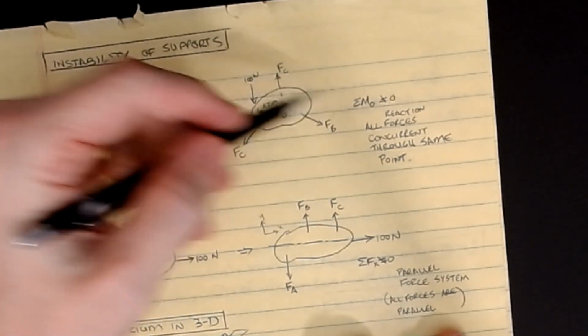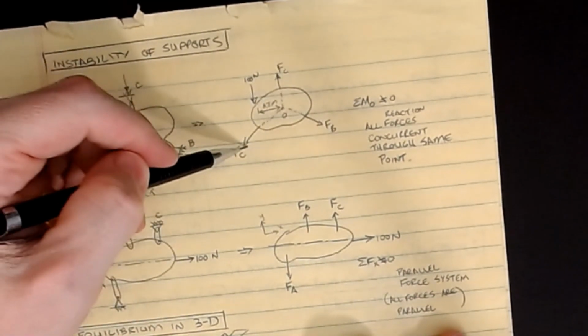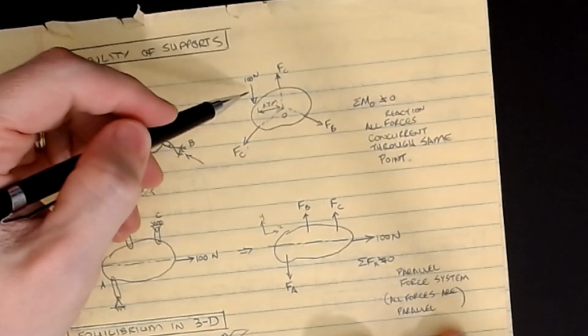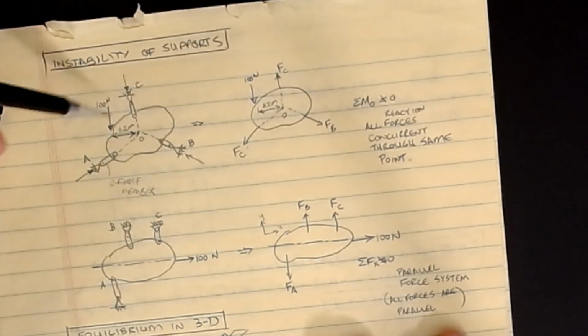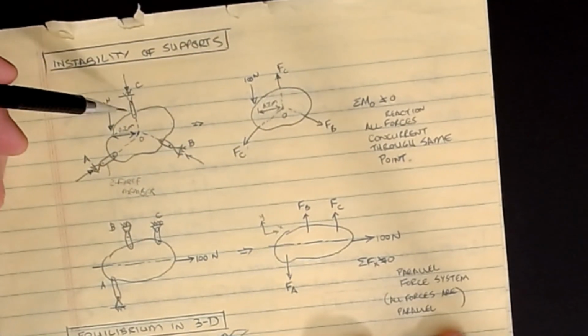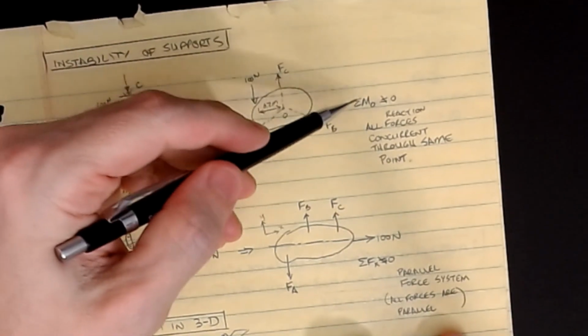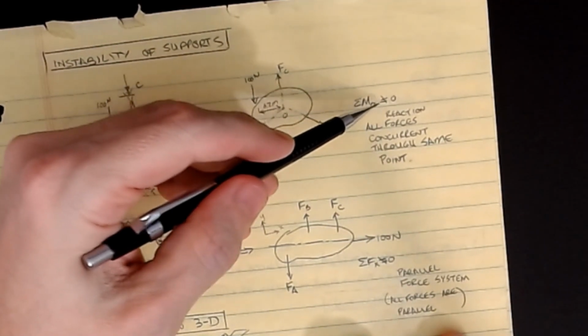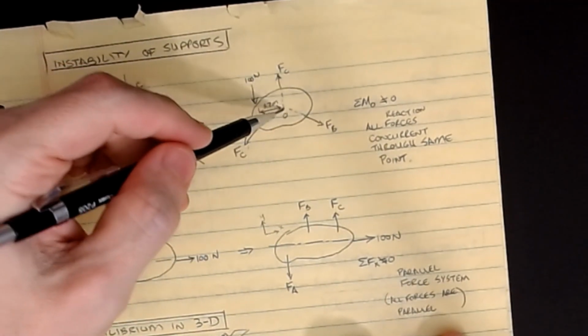If I do sum of moments about that point O in the middle, this is a 0, this is a 0, and this is a 0 moment. The only thing that's left is 100 times 0.2. And again, it's the same problem that we had before. So these concurrent forces are a big issue. The sum of the moments is not equal to 0. All reaction forces are concurrent through the same point. That will cause an instability as well.